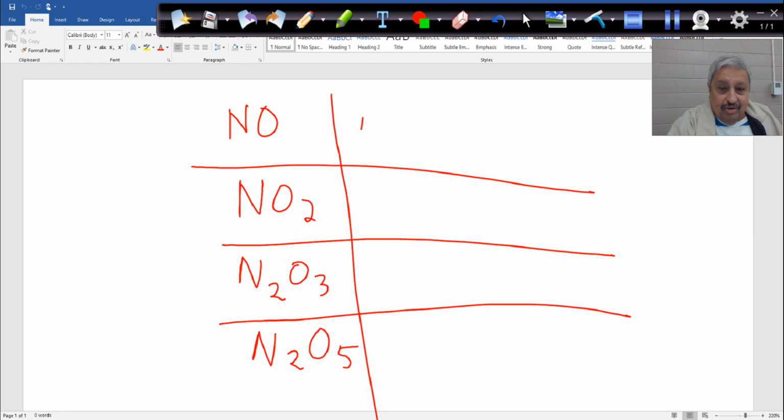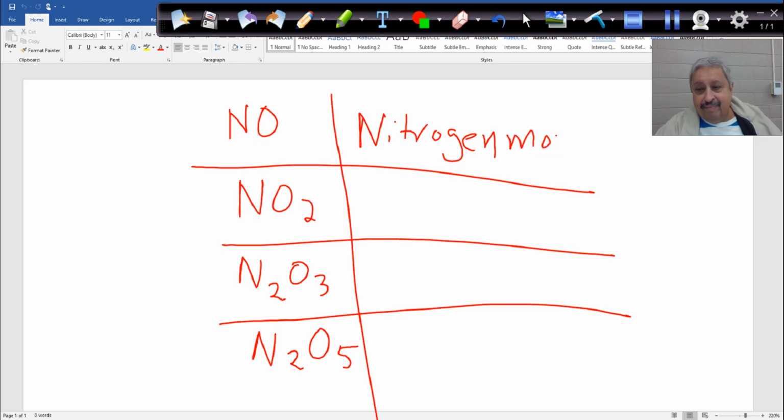So this will be nitrogen, correct? And we have oxygen there with different numbers. For the first one, the 1 is understood, not written. So this is nitrogen and mono oxide. Now this is too much.